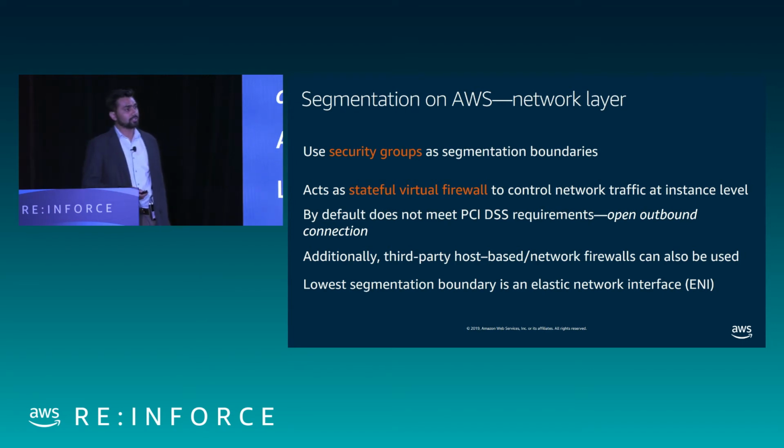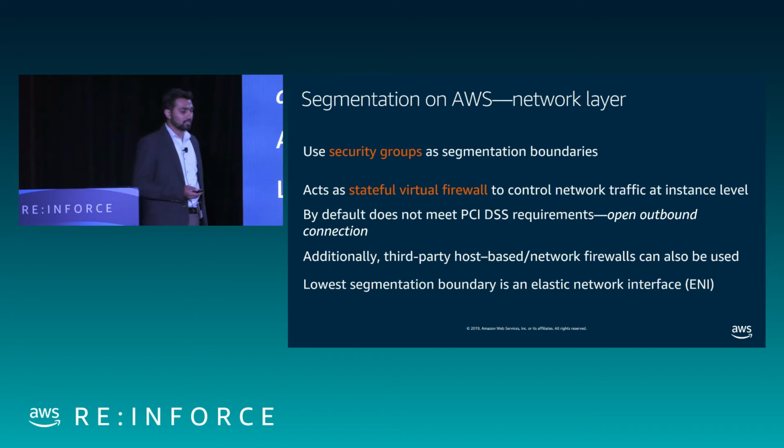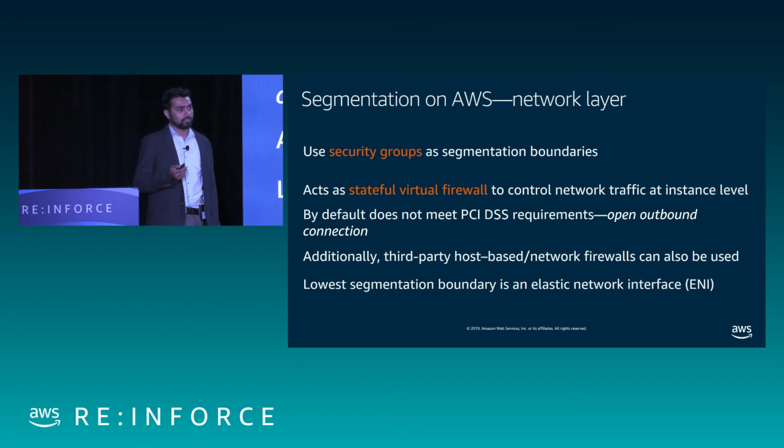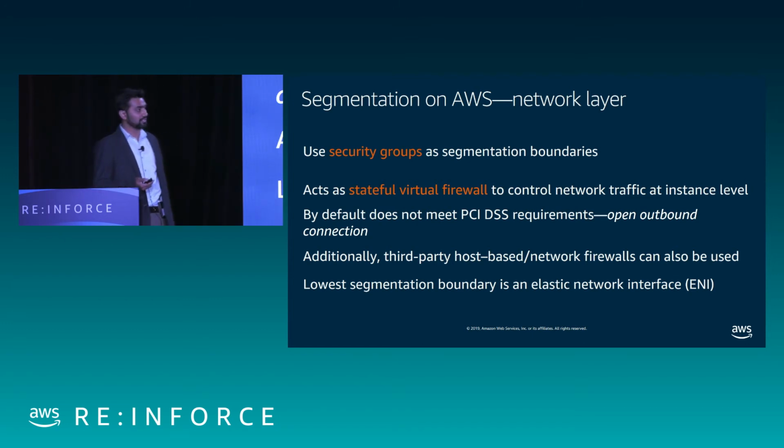Think of security groups as your virtual stateful firewalls. You can have these security groups attached to your EC2 instances or your infrastructure services and add the respective rules to control your ingress and egress traffic from those instances.